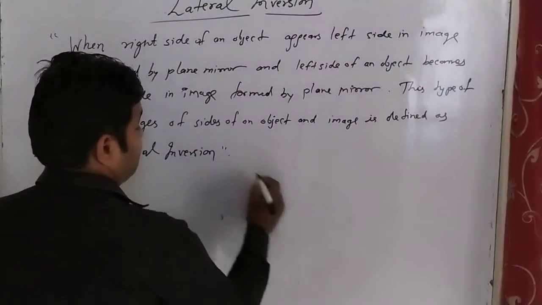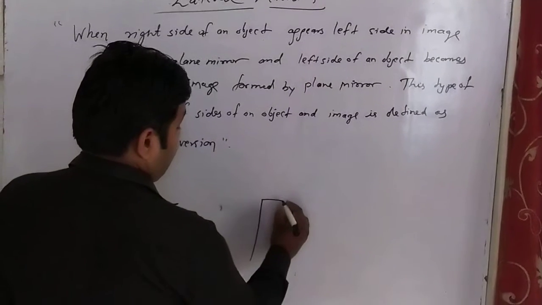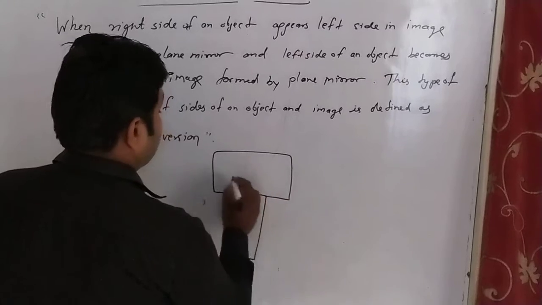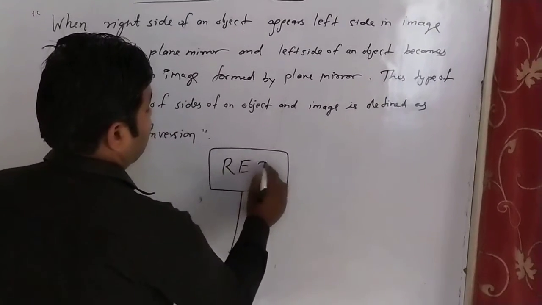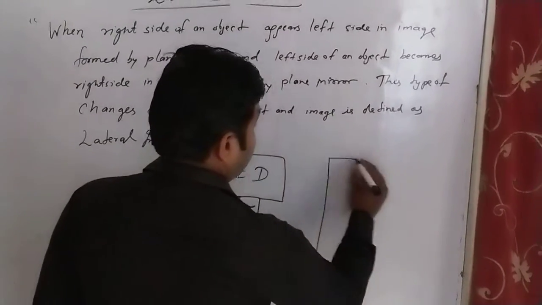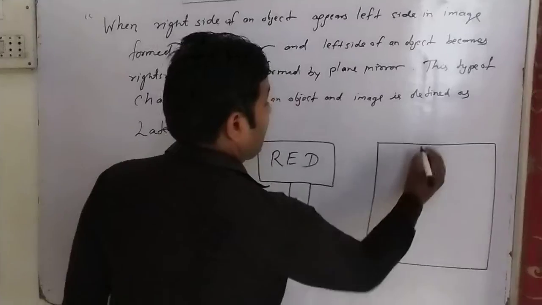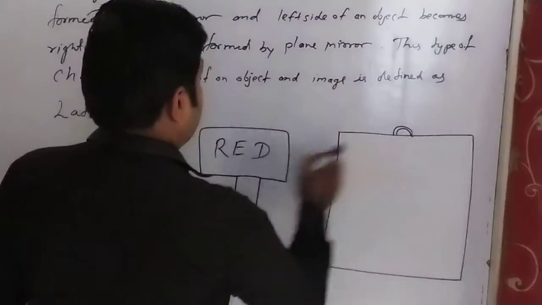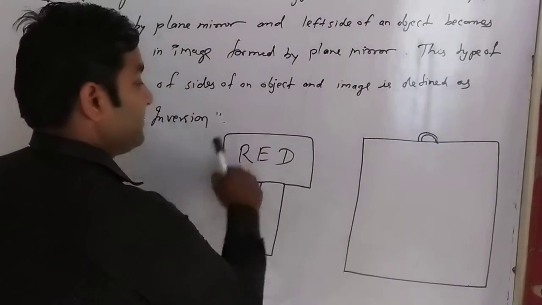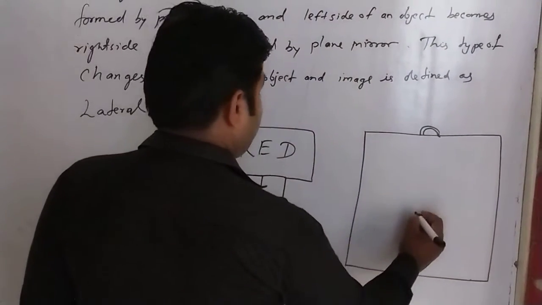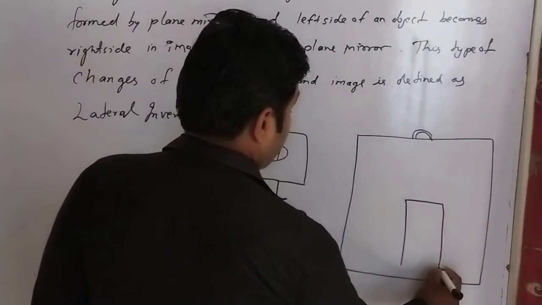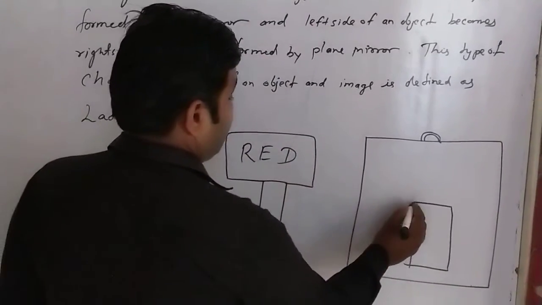And another example: if we take an object just like this, and here is written Red, and when we take the image of this object in the plane mirror, then this R on the left side appears in the image on the right side, and the right side, that is D, appears on the left side.